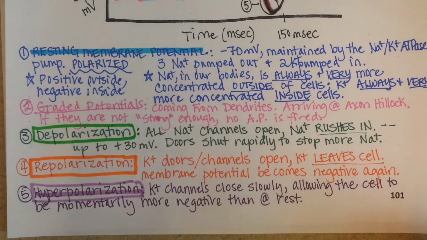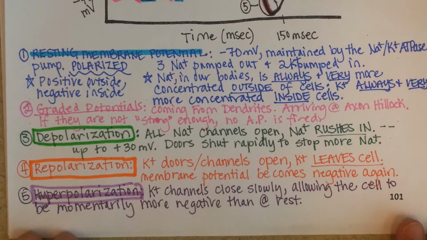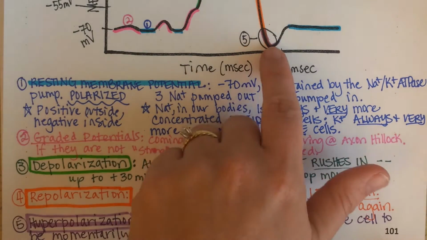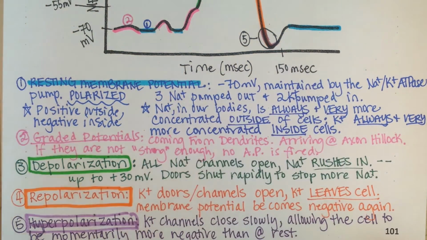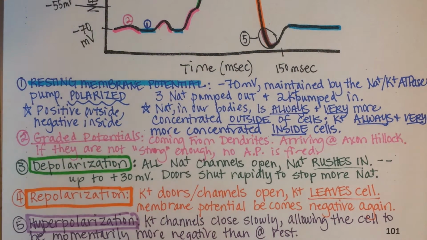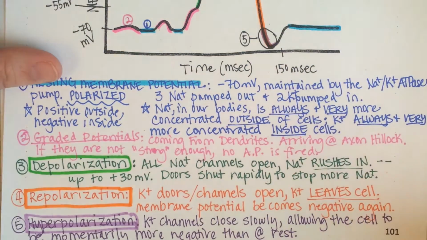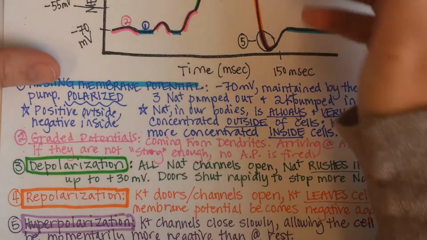Alright, so now though you're at the situation where how do you get back up to where you started? And this is where that pump is so important. Right here, I'm going to use a black pen.